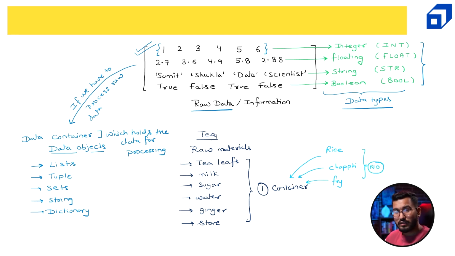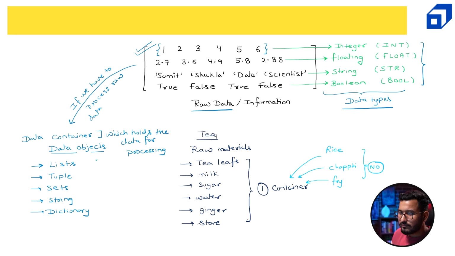So in our kitchen, for each specific item which we are looking to cook, we have a specific container. And the same idea goes with Python also. Here we have different types of data containers because each container is designed for a specific task and it comes with a certain set of rules and regulations.